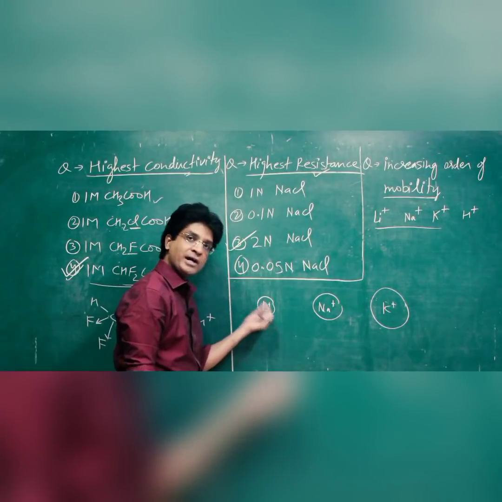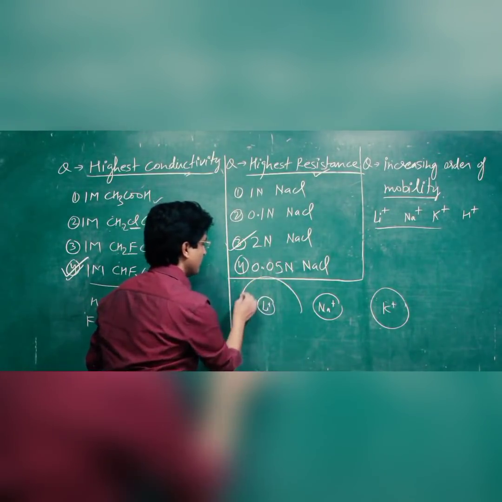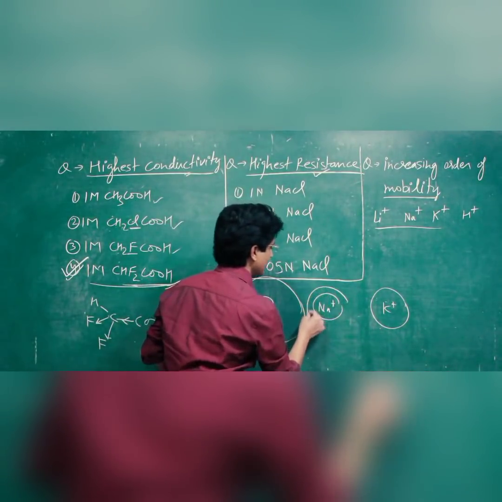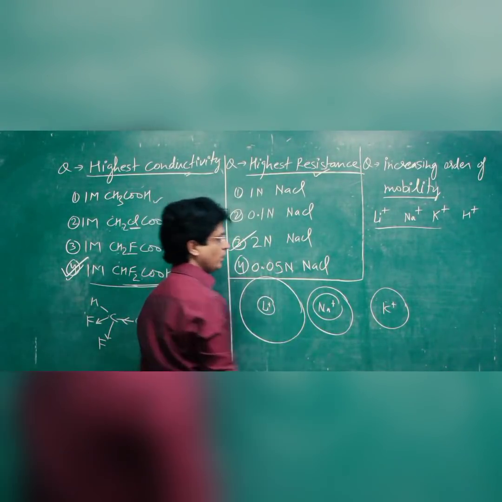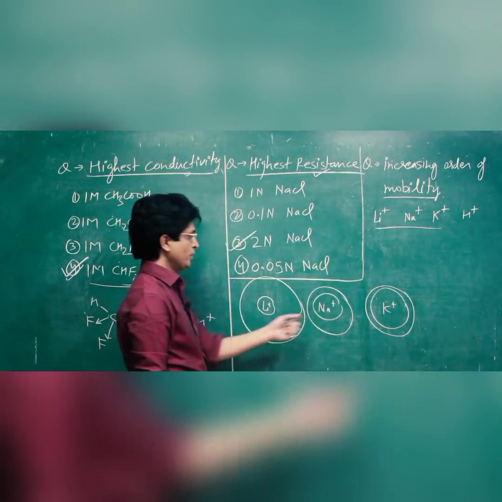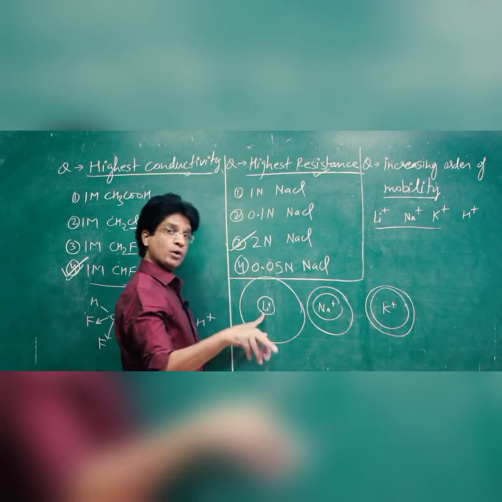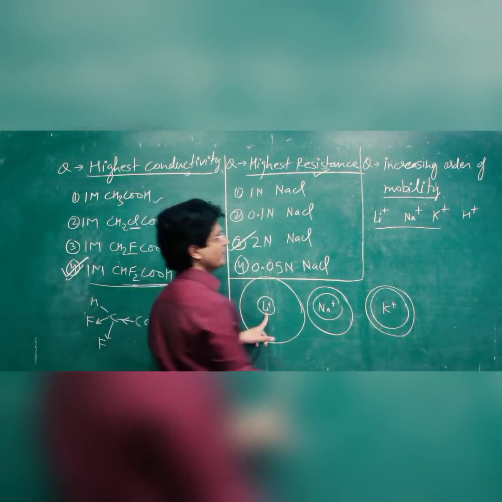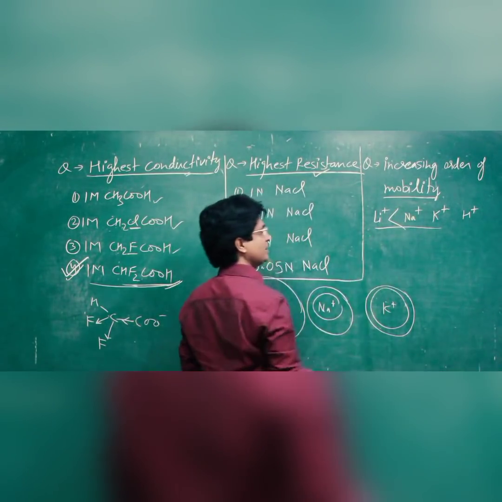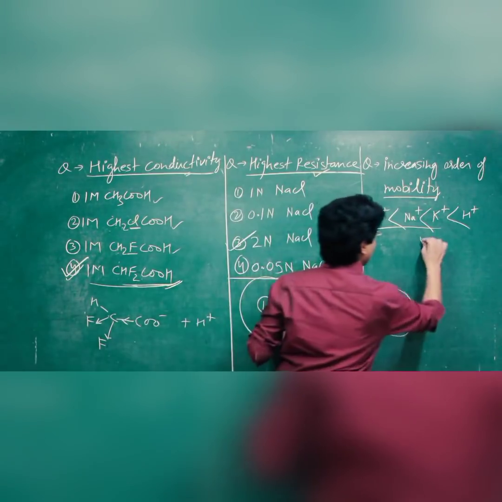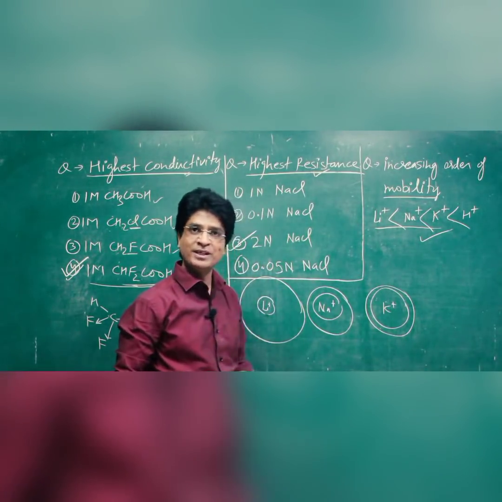So the higher the charge density, the bigger will be the hydration sphere. On sodium, the sphere will be bigger but not that big. On potassium, it will be smaller than sodium. So bigger the size, slower the mobility, slower the movement. So lithium ion will be moving slowest. So this will be slowest, faster, and the fastest one. So that is the right order of mobility or the movement in the solution.